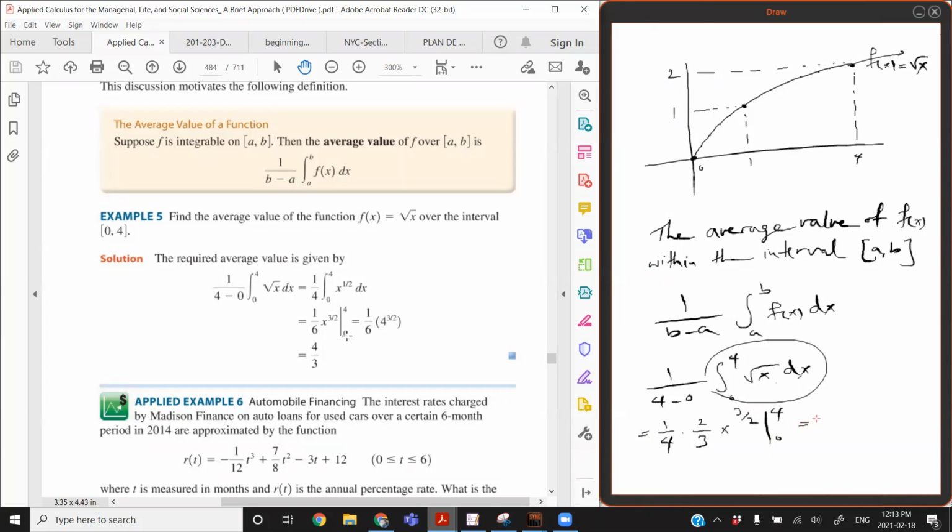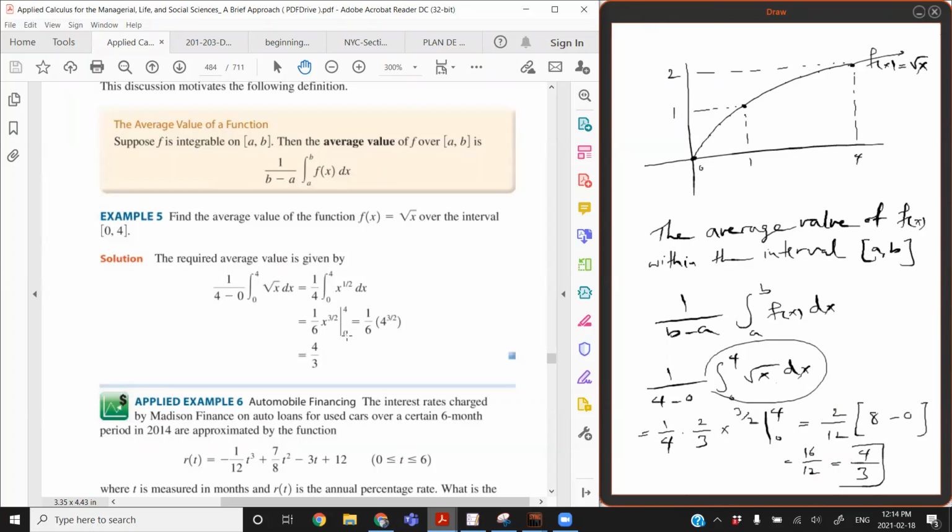So if I do so, I'm going to get 2 over 12 times, if I plug in 4 into this, I'm going to get 8. If I plug in 0 into this, I'm going to get 0. So the answer is going to be 16 over 12, which can be simplified to 4 over 3. So that's the average value of this function over this interval from 0 to 4.